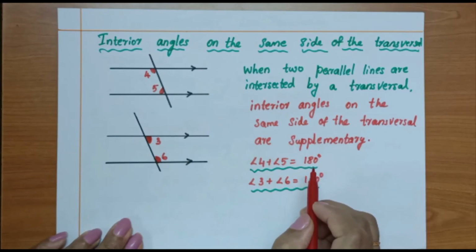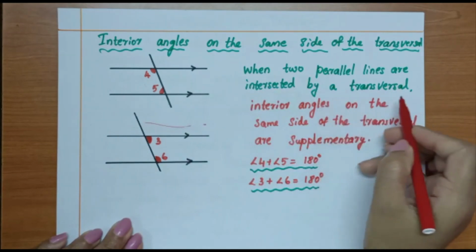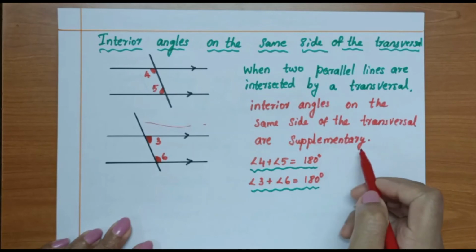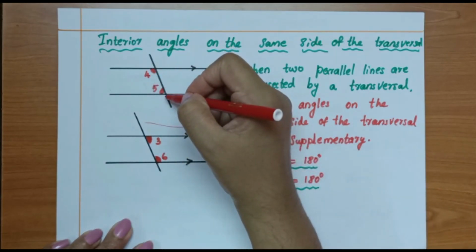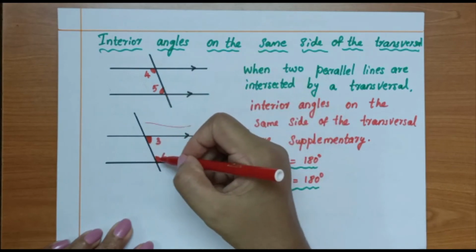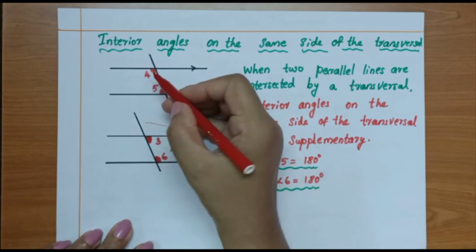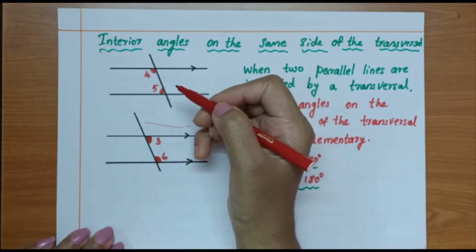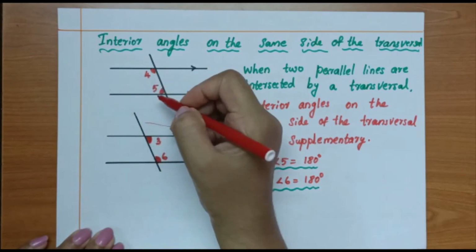Interior angles are supplementary. When two parallel lines are intersected by a transversal, interior angles on the same side of the transversal are supplementary. Angle 4 plus angle 5 equal to 180 degrees. The same way, angle 3 plus angle 6 equal to 180 degrees. So interior angles are supplementary.